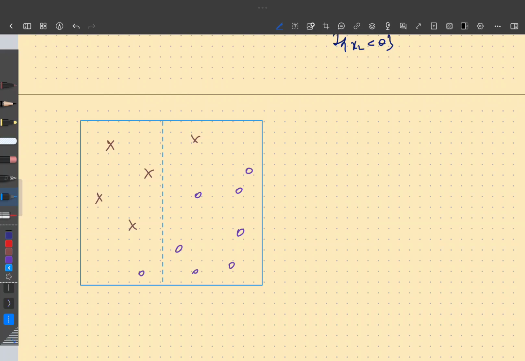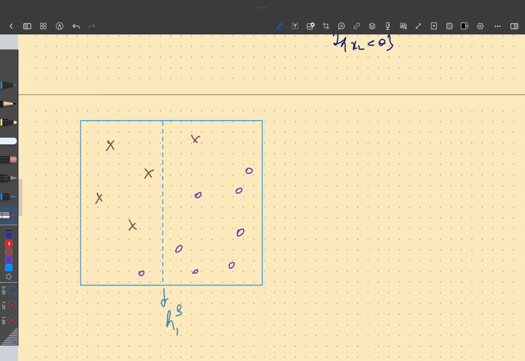So everything to the left of this line is labeled brown, and everything to the right of this line is labeled blue. So this is my H1, H1B. Now let's see where H1B went wrong. H1B classifies everything correctly except for this point and this point.